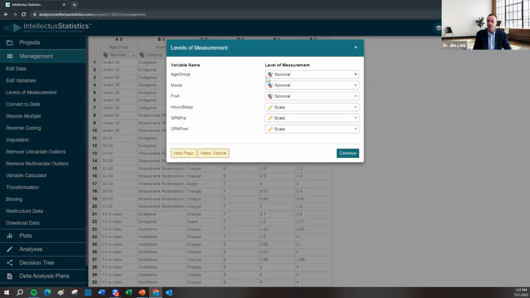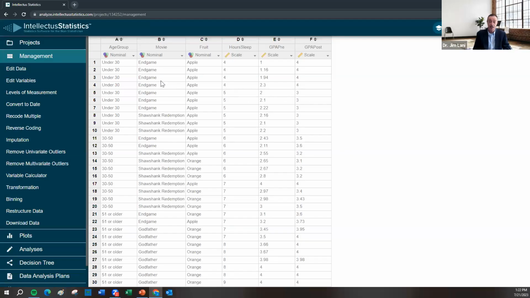You'll see the levels of measurement. Here's our friend, levels of measurement. You could just say continue, and you could do the same whether it was an SPSS file or Excel file or any file. Then we can change these levels of measurement. GPA pre and post, sleep, scale, reasonable, fruit, all nominal.